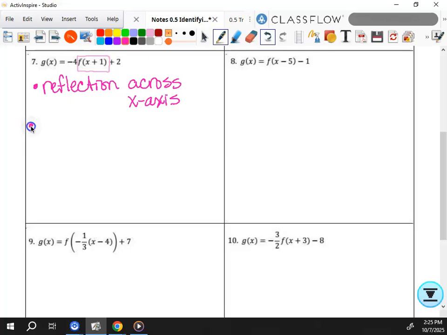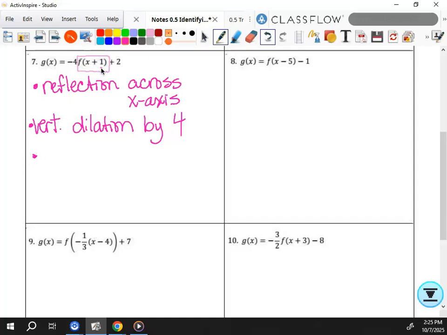Then the 4, that's on the outside, so that is vertical. It's a vertical what? Dilation by what? 4. Okay, it's a positive 4 because it's the absolute value and y doesn't lie.